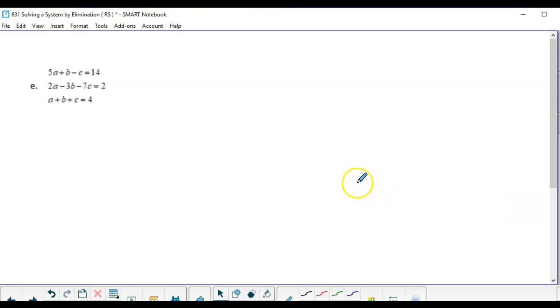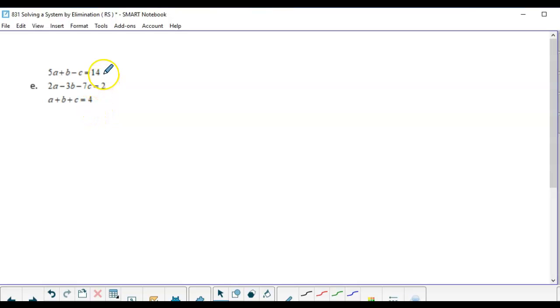Next one is 3 equations. So just like we did with 3 equations when we were using substitution, we want to pair them up. And this actually is the same system, so we'll see if we get the same answer. So you want to pair up and eliminate.